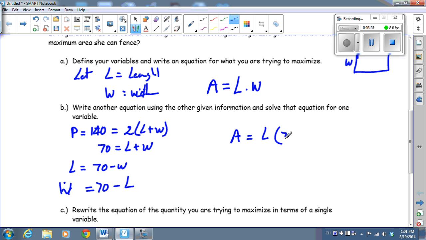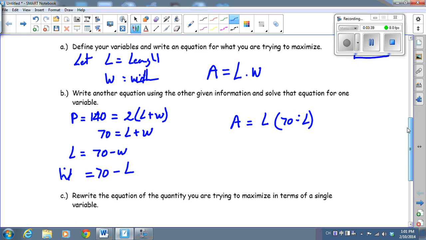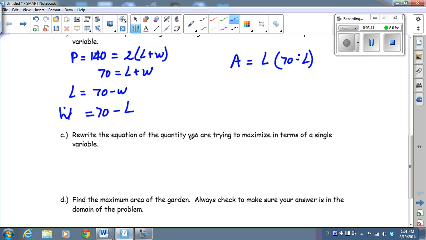But with this information, I can rewrite my area as area is equal to length times the width. That's one way of writing it, but these two equations are good enough. The next question says write the equation of the quantity you are trying to maximize. Well, I was just ahead.